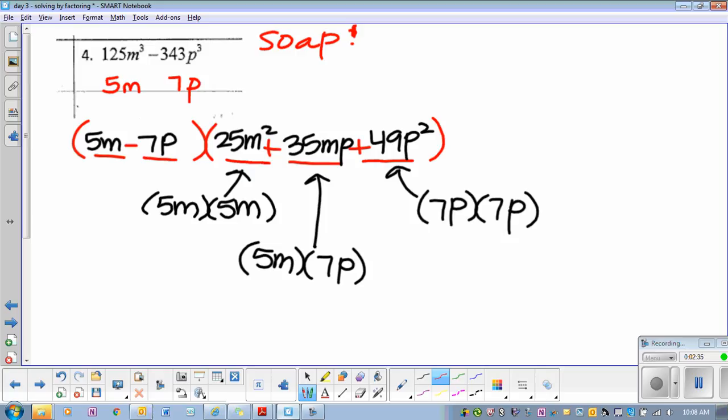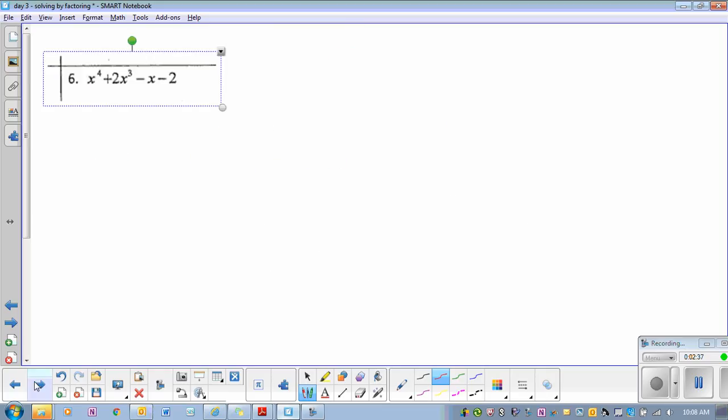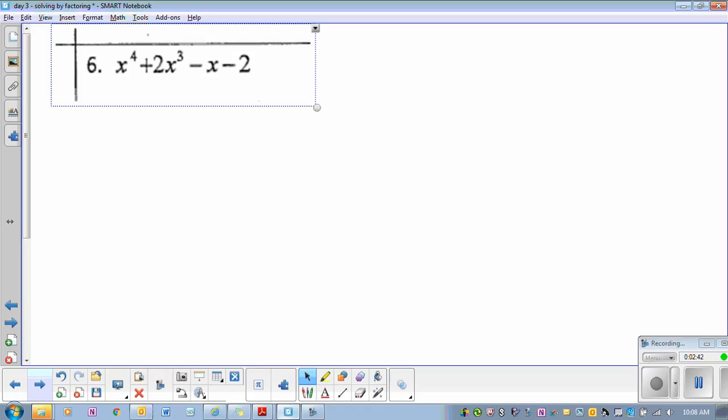Okay, so the next one. Number 6. It's kind of hard to see if you just rush through it. But look, 1, 2, 3, 4. You have 4 terms. And I don't see a GCF for the whole thing, right? So you need to divide it in half and find the GCF of both sides.